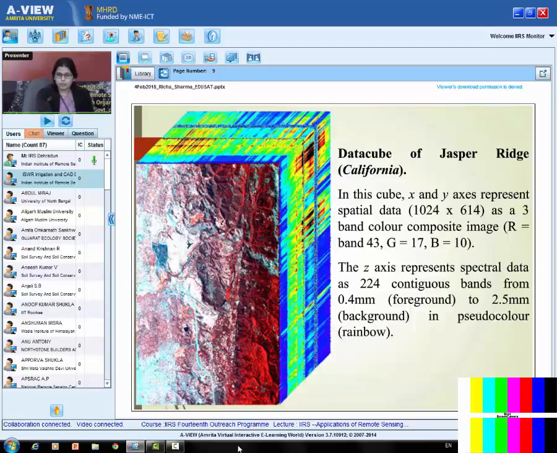By assigning these three, we get the FCC shown here. So this XY plane shows the FCC generated by these three band combinations, and the Z direction shows the number of bands available. Here there are 224 bands, covering the range from 0.4 to 2.5 micrometers.